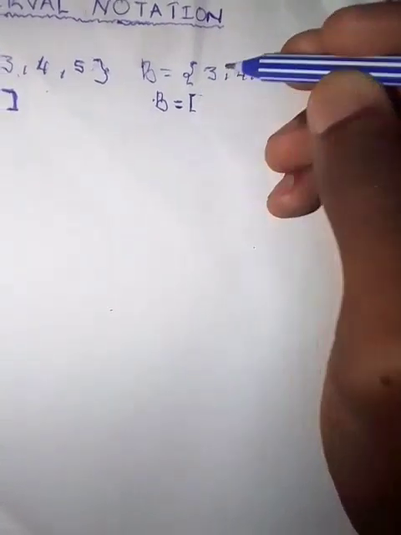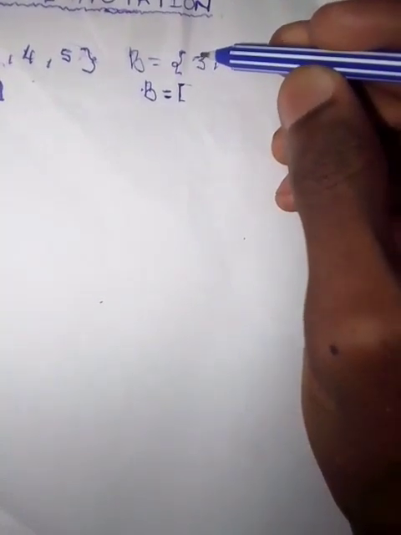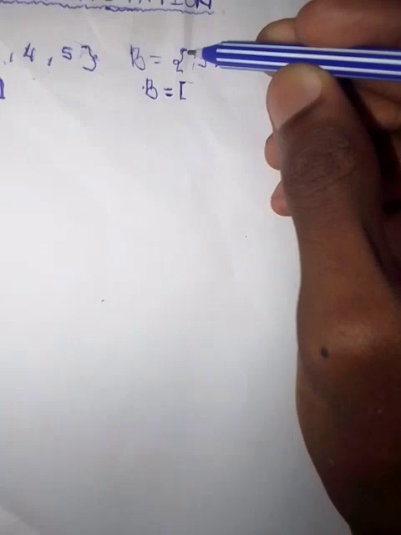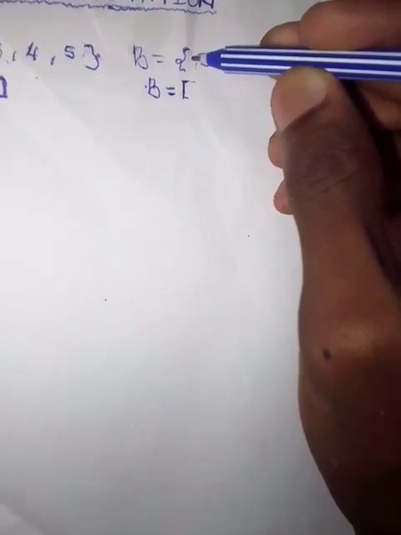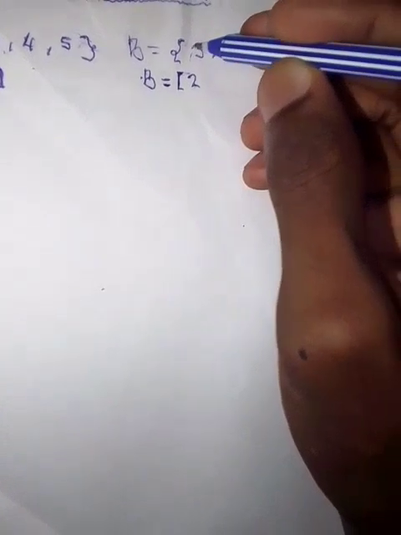It's not always necessary to begin with the number where it is starting from. You can begin with the number that comes before the first number. Which number comes before 3? It is 2, so you write 2. This 2 is not part of the set.